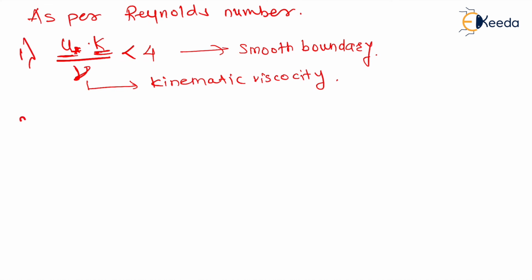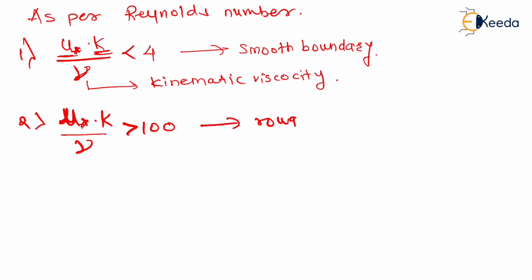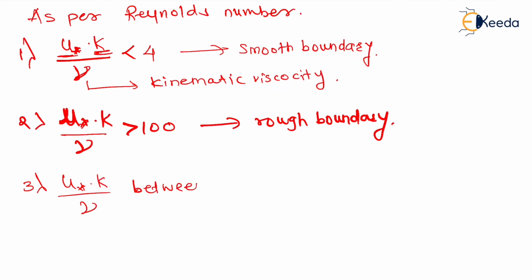This is the first result. The second result is U star into k upon nu greater than 100, called a rough boundary. And third, U star into k upon nu between 4 to 100, called a transition boundary. That's all. Thank you.